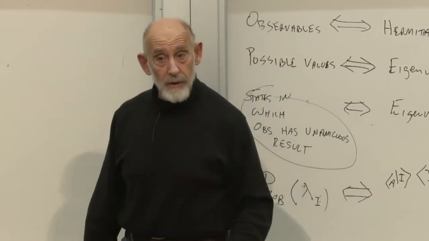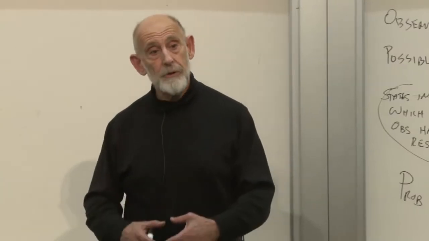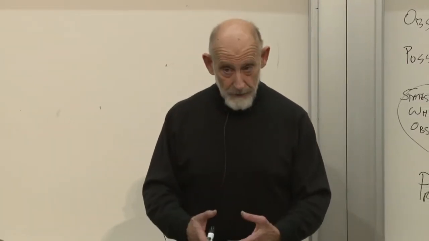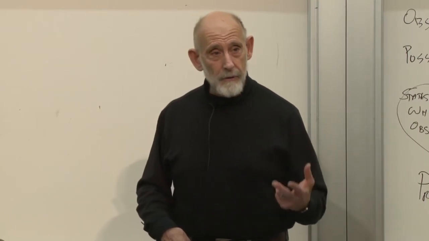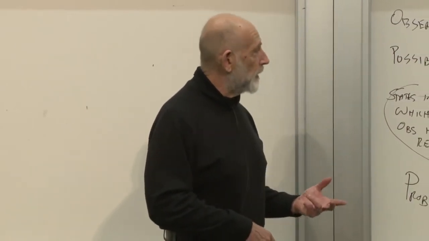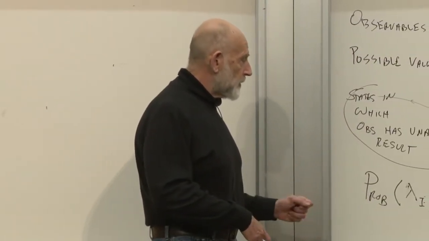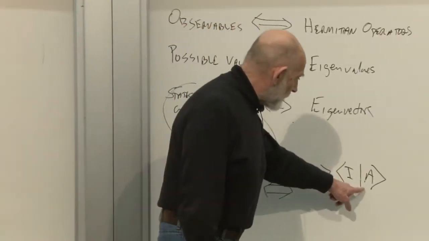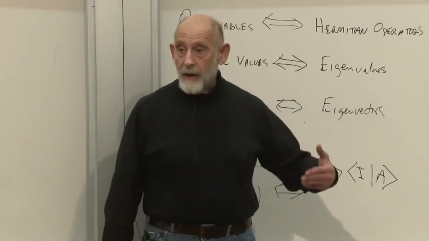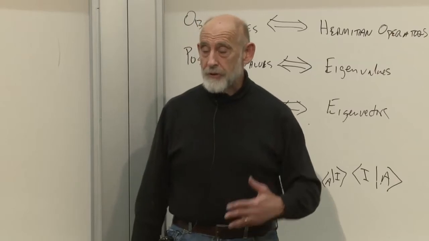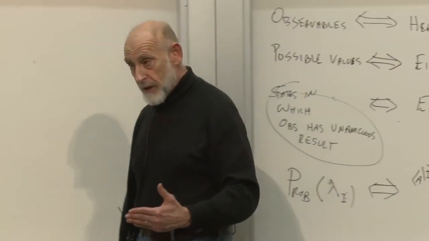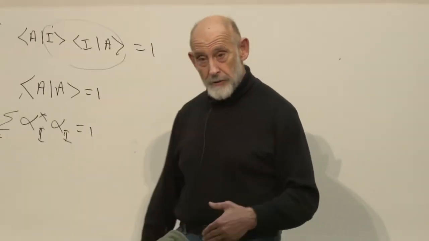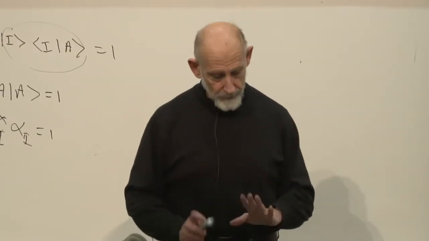So physical quantities don't respond to a change of the phase. That means there are 2 fewer degrees of freedom, 2 fewer parameters in the specification of a state than the collection of complex numbers that would define a vector in the abstract space. One is the phase, the overall phase, and the other is the magnitude of it. We'll come back to that.